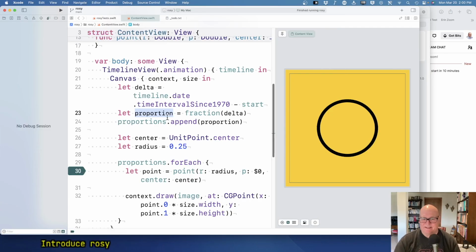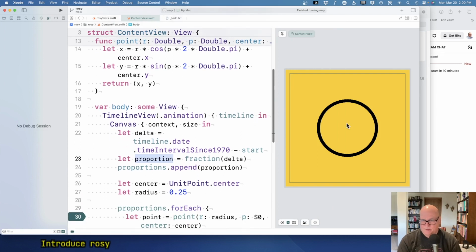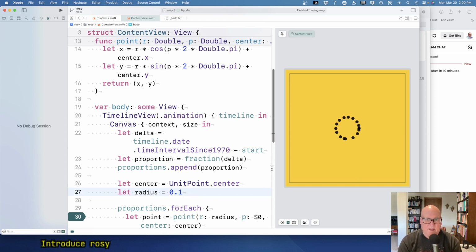Hi, welcome back. All right. What we want to do is take the center of this circle and really trace it around another circle, so a smaller one is probably called for. We're moving the center, and as we move the center, we're also spinning the circle.